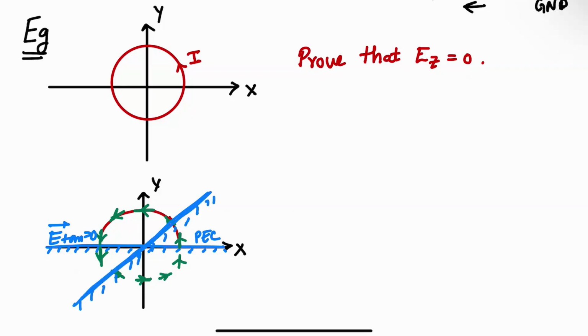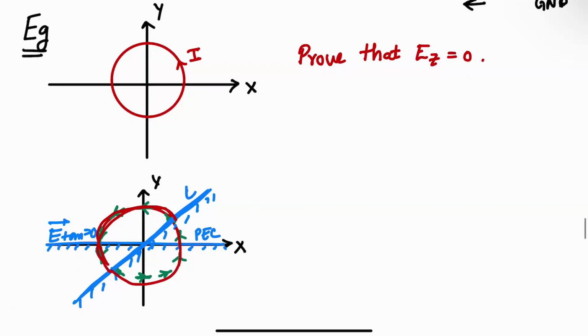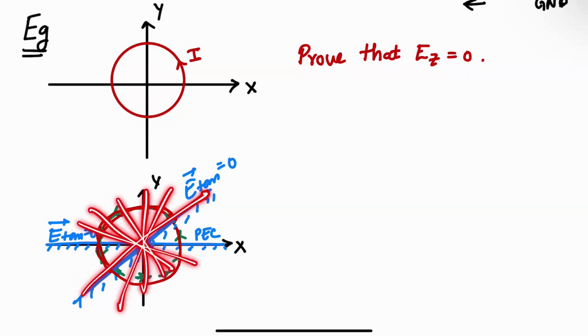And it's still the same thing because you have half semicircle here, and its image forms the rest of the circle, right? Now, of course, also in this plane the E tangential has to be 0. And that's true for any plane, right? So I can take any plane and rotate it about. So I can take this plane, this plane, this plane, this plane, all of them will give me the same problem, right? And in all of them, the E tangential is 0.